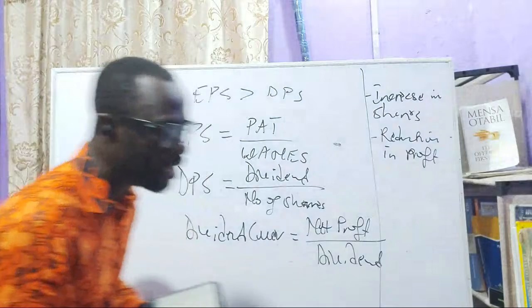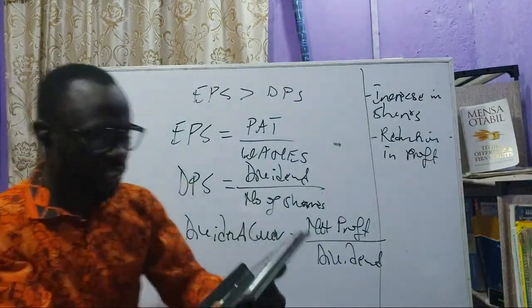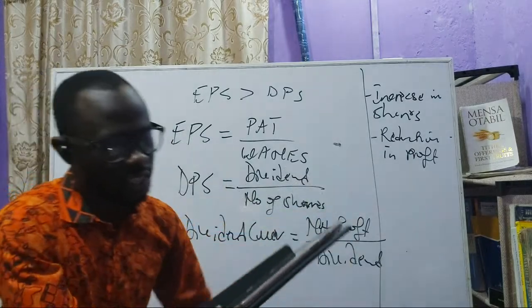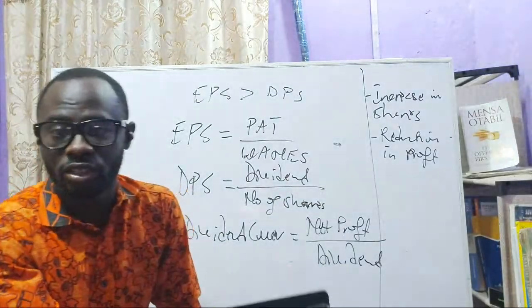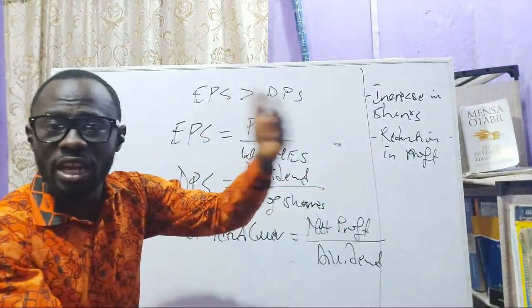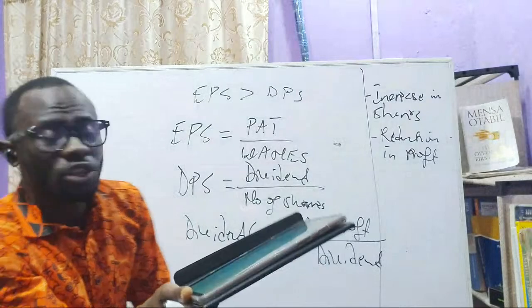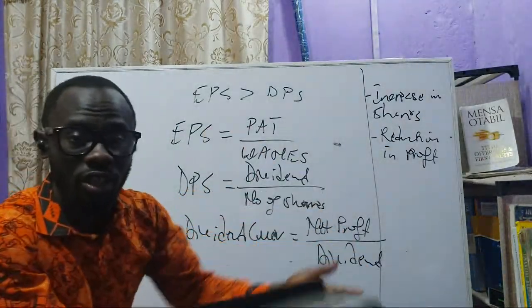So if the company has a dividend cover that is decreasing, it's indicating that the organization is increasing in risk and is not able to pay dividend to the shareholders. Okay? So if your dividend cover is decreasing, it could mean that the organization is at risk and having some financial problem, is not able to pay more dividend to the shareholders.